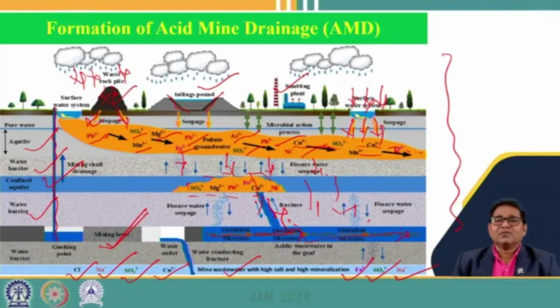So this is the schematic layout of the various sources from which acid mine drainage is generated: from the waste piles, from the tailing ponds, at the mining phase, through the surface water body, and through the smelting operations. These are the ways in which acid mine drainage is generated from mine operations.